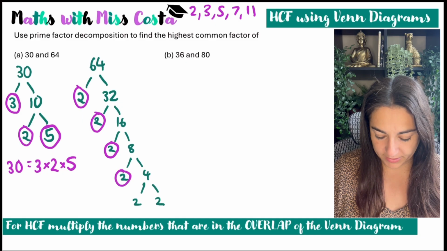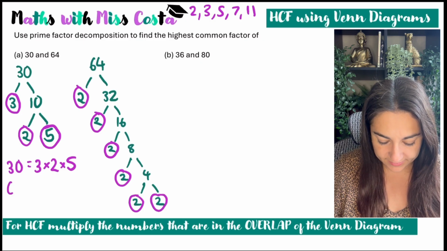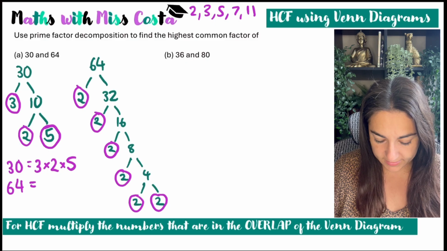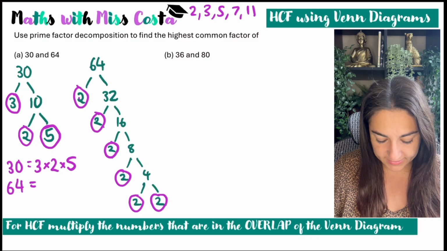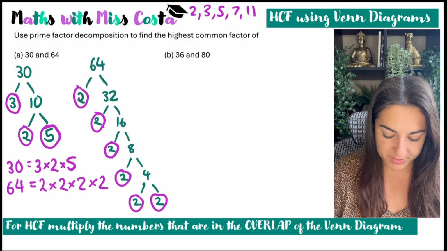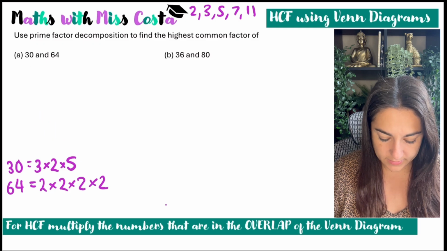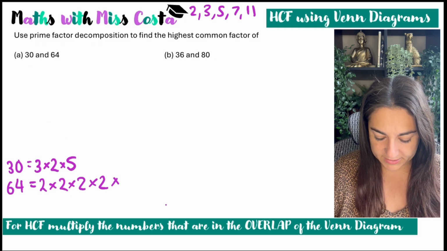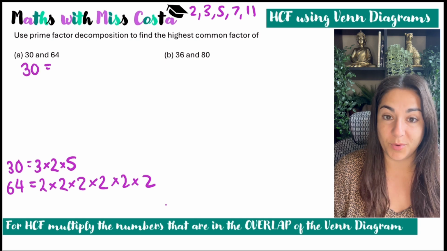So we're going to circle those prime numbers as well. And we're going to be left with 64 equals, wow, 1, 2, 3, 4, 5, 6. So 2 times 2 times 2 times 2 times 2 times 2. I'm going to have to rub that out now.